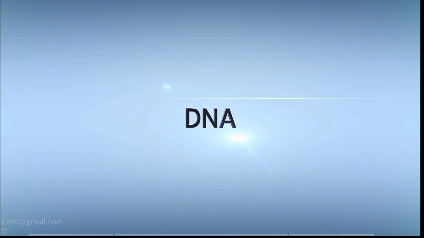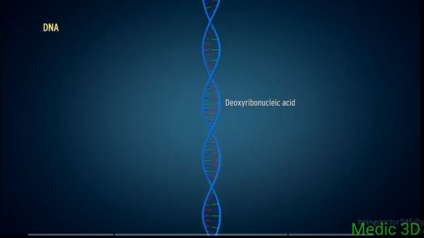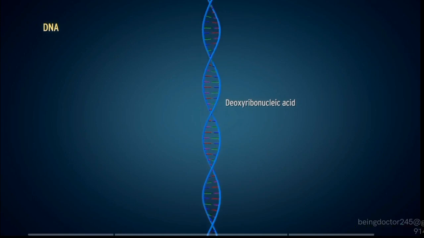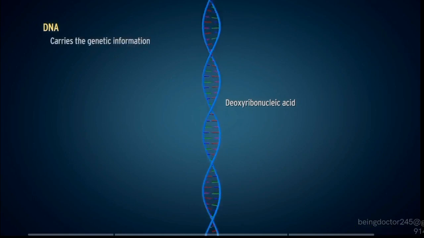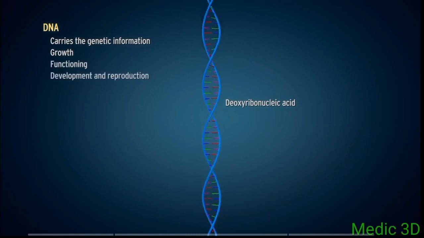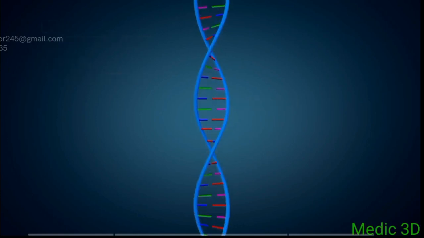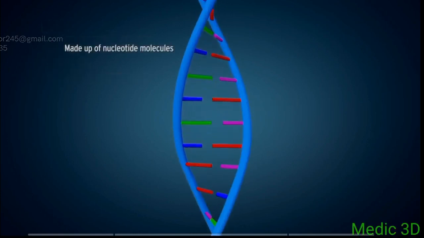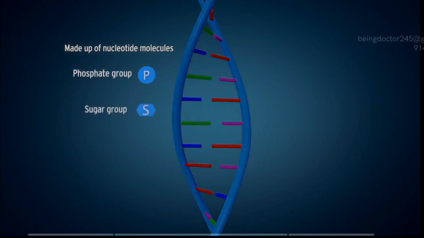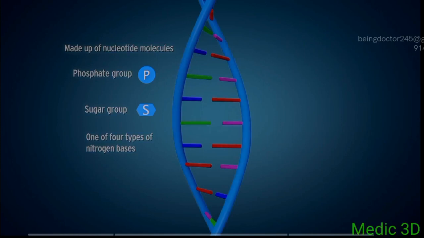DNA. Deoxyribonucleic acid is a molecule that carries the genetic information necessary for the growth, functioning, development, and reproduction of all known living things. They are made up of nucleotide molecules, which consist of a phosphate group, a sugar group, and one of the 4 types of nitrogen bases.